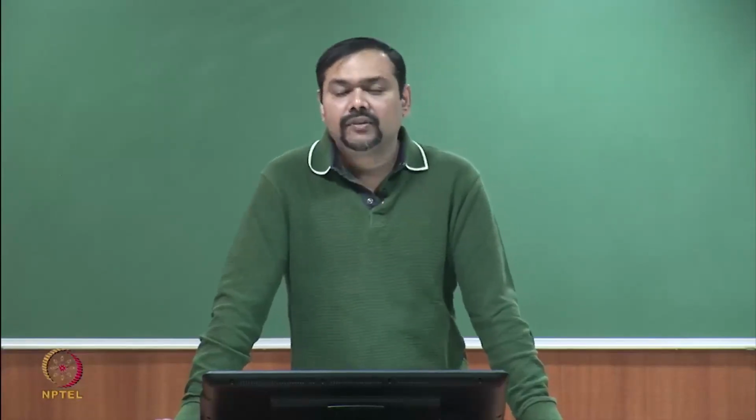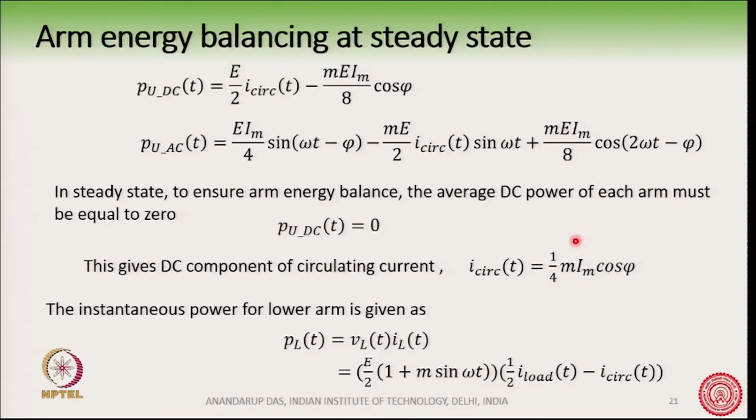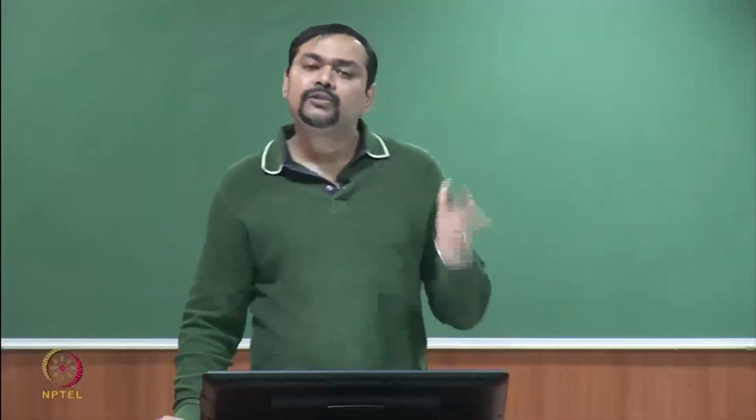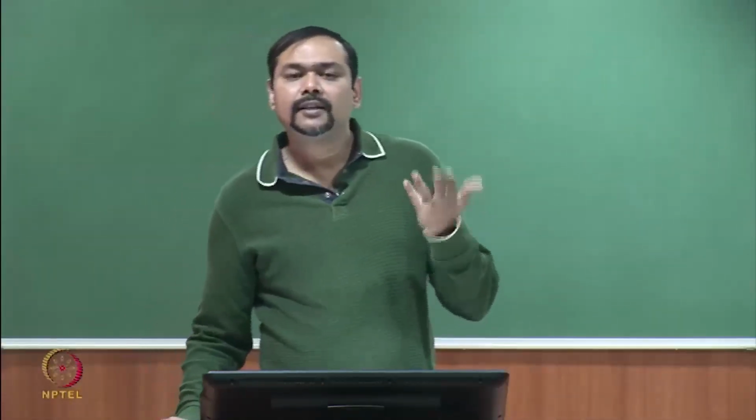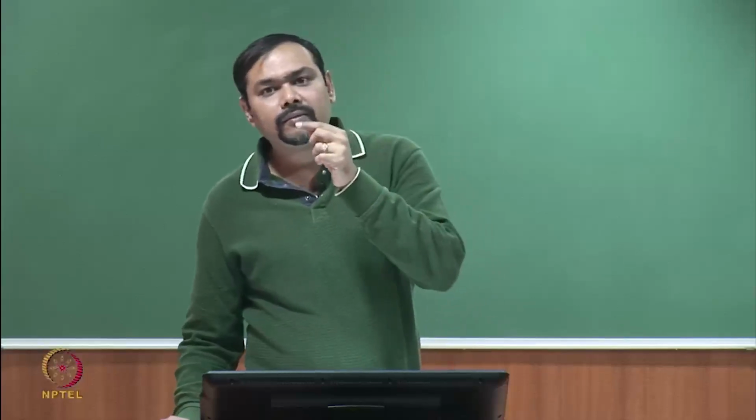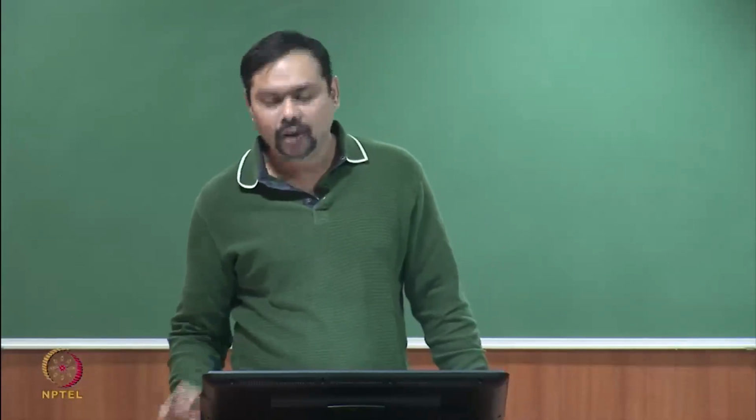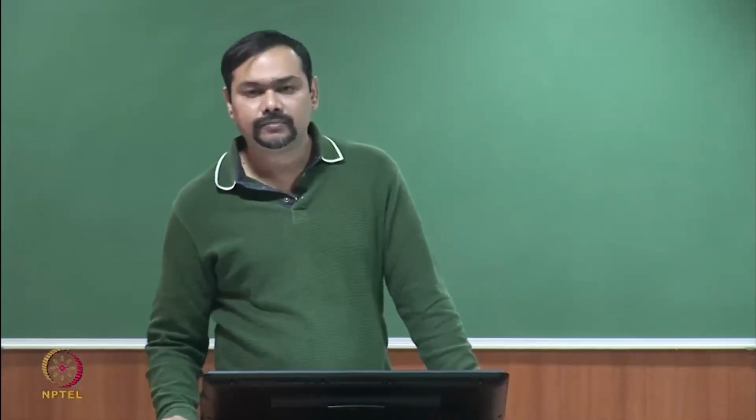If phi is equal to 90 degrees, then the DC component of the circulating current becomes 0. So, there is no DC component of the circulating current when phi is equal to 90 degrees, or cos phi is equal to 0.